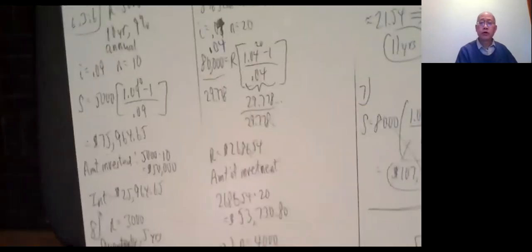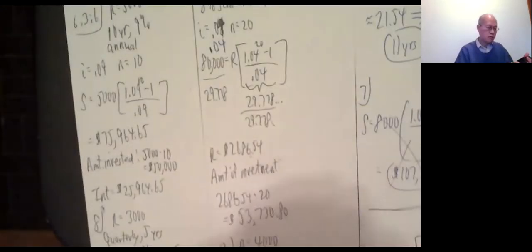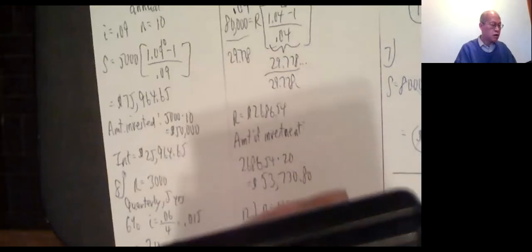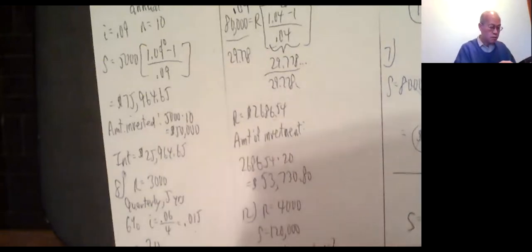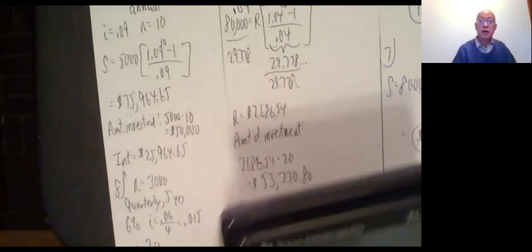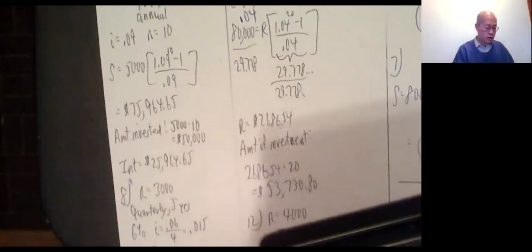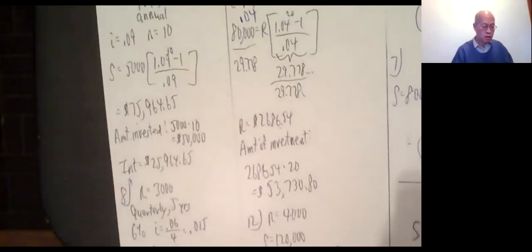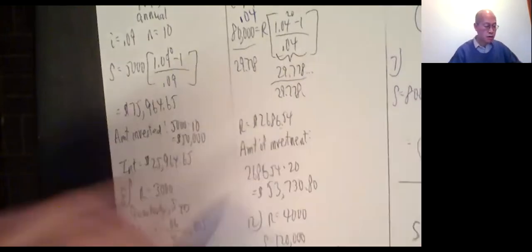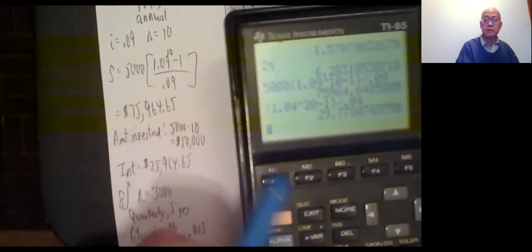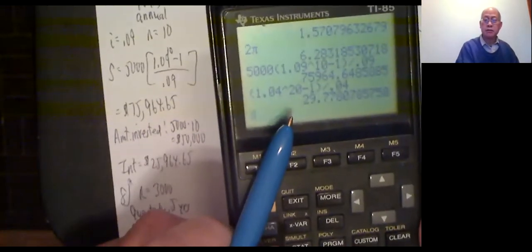So 1.04 to the 20th, parentheses, 1.04 exponent 20, minus 1, divided by 0.04. 29.778, blah, blah, blah. Can you see that?